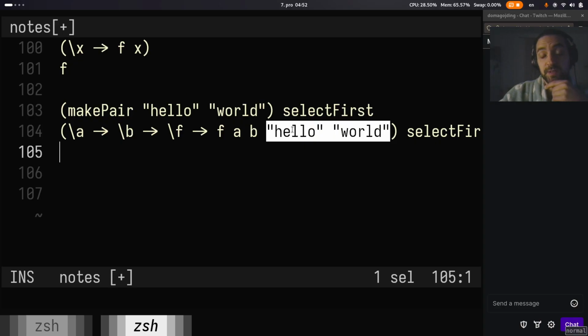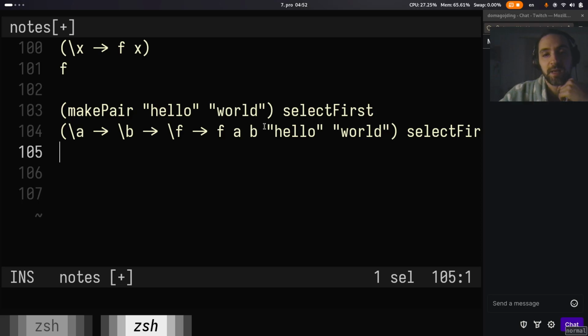So let's go with the first one. Yeah, it's kind of tricky, you almost want to substitute it for the f. Well, this is the function, right? Hello is A, and world is B. Let's try with the A. So we substitute here for the A, the hello, and we remove the head.